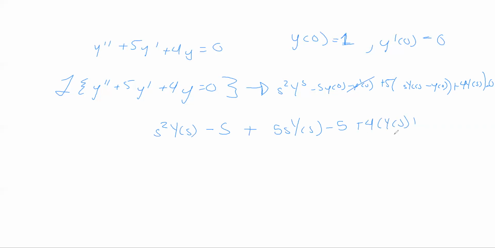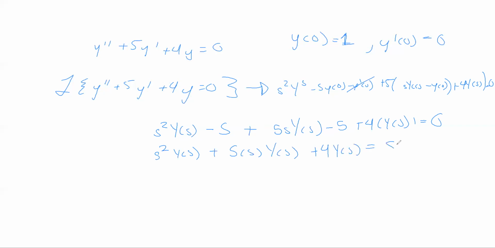So I'm going to move everything that is okay onto the other side. By okay, I mean anything that doesn't have a y of s attached to it. So then I have s squared y of s plus 5 s y of s plus 4 y of s.